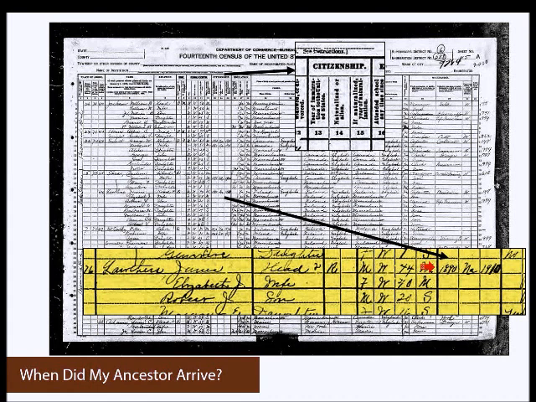So here we have James Lawthers, and James Lawthers arrived in 1890. He is naturalized, and from this census, we know that he naturalized in 1910. The 1920 census is the only one that gives the year of naturalization if they are naturalized, but it's great.